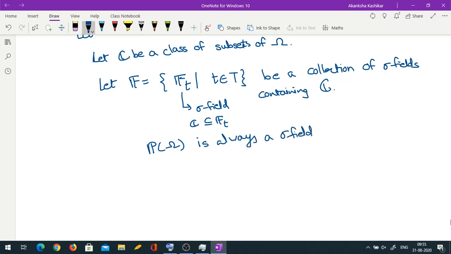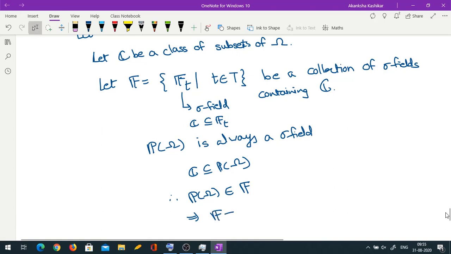Plus C is a subset of power set of omega because C also contains some subsets of omega. Therefore power set of omega will always belong to script F. So script F will never be empty. This implies script F is not empty. So this is a non-empty collection of sigma fields.